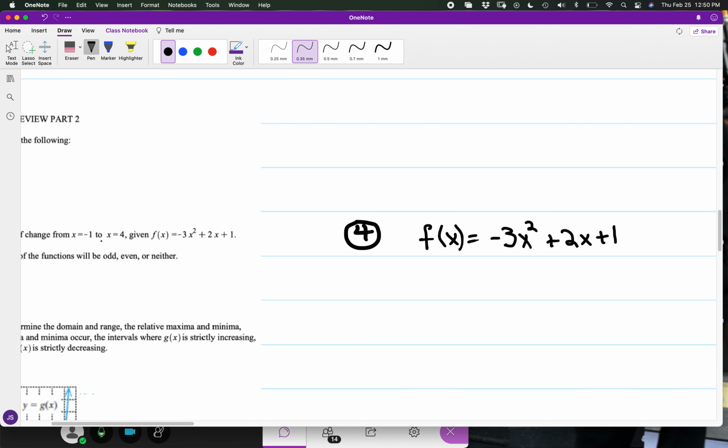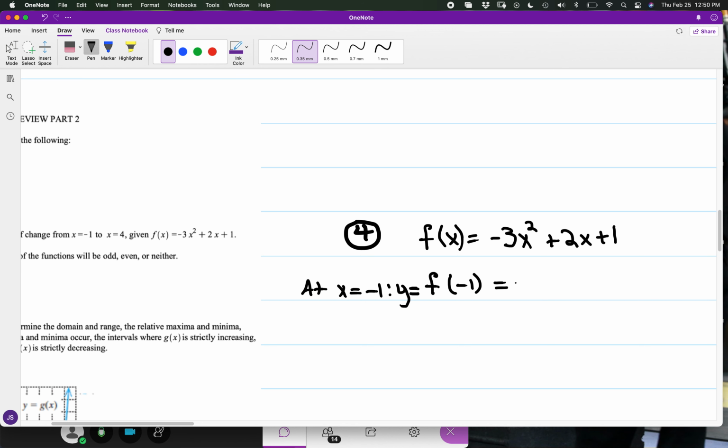Just with the x values, we have the initial point: x is equal to -1. So your y value would be y equal to f of -1.